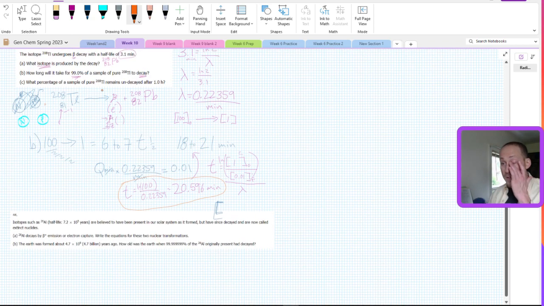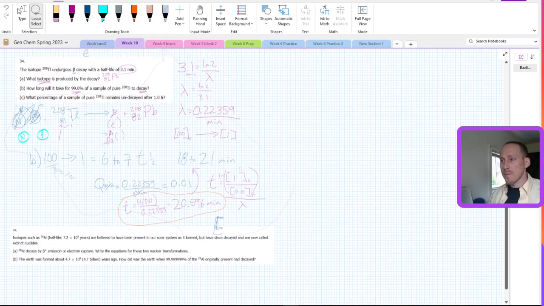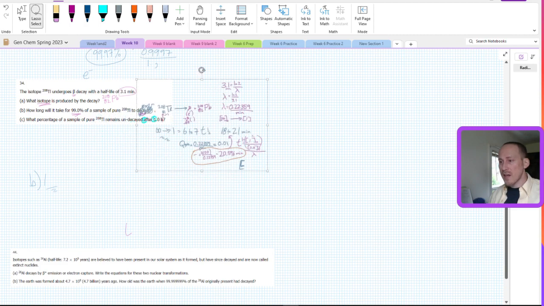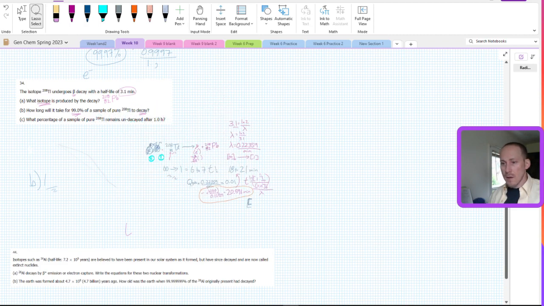So that's B. So let's figure out part C. So again, part A, we're talking about this thallium decaying into lead. And it looks like if we want to decay 99% of it, it's going to take 20.56 minutes.